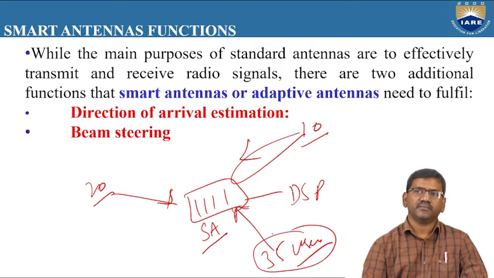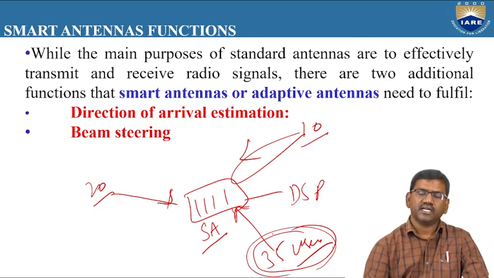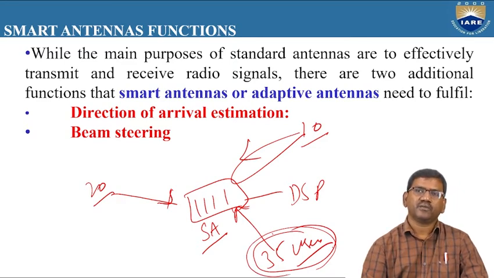The DSP will do the mathematical calculations, and then, according to the requirement, more bandwidth is required for the 35 users, so more beam is required for the 35 users.